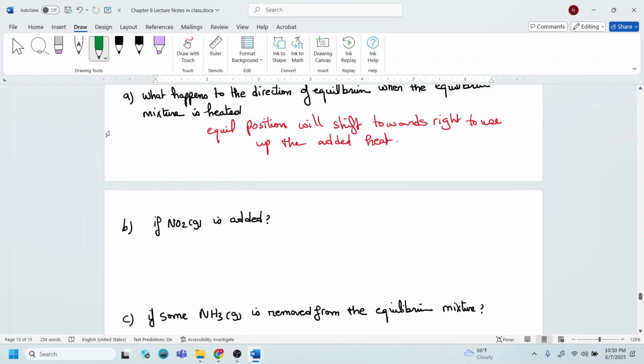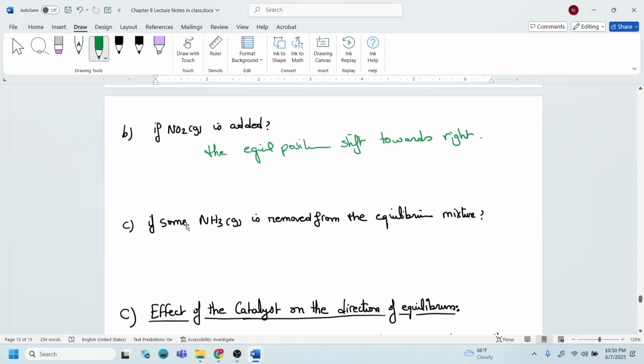Then your direction of equilibrium is going to go towards the right, trying to use up the added NO2. So the equilibrium position is going to shift towards the right in order to use up the extra NO2 that you added.